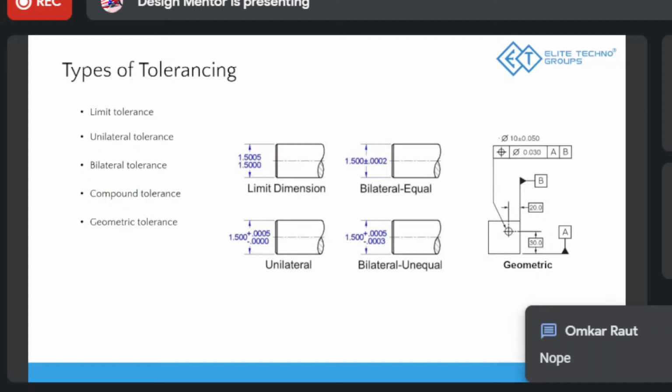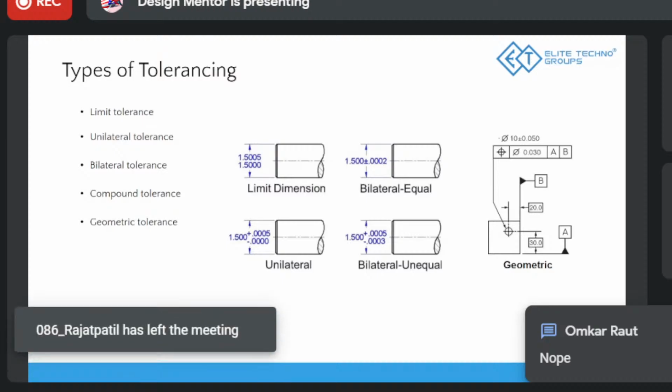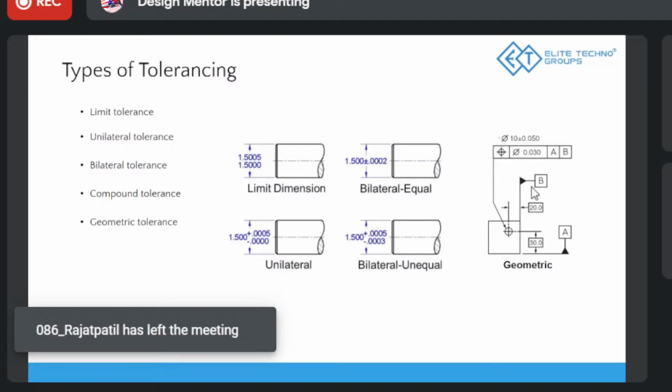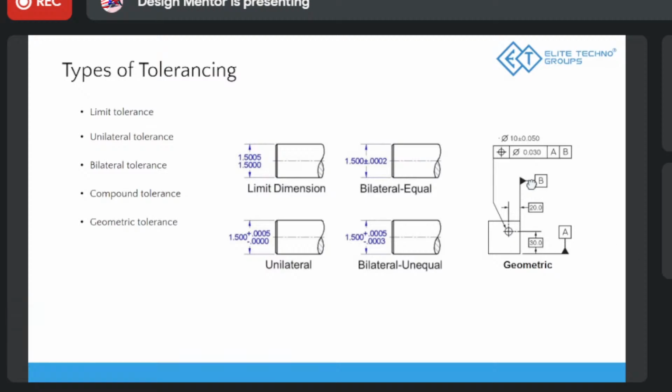If you raise your hands, I might not be able to see that. So if you have any doubts, just open your mic and say, okay, I didn't get this page. So the question I'm asking is, have you seen any of these tolerancing types before? If you have not seen, that could also be an answer. Okay, no, I've not seen.